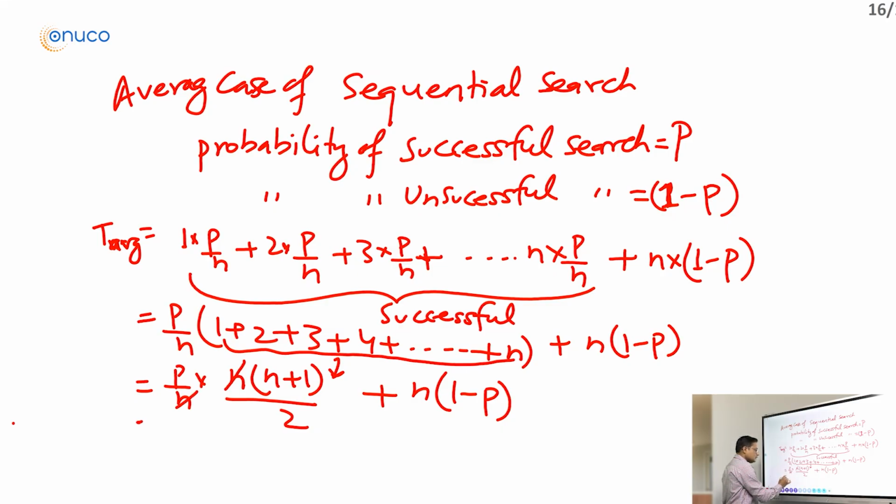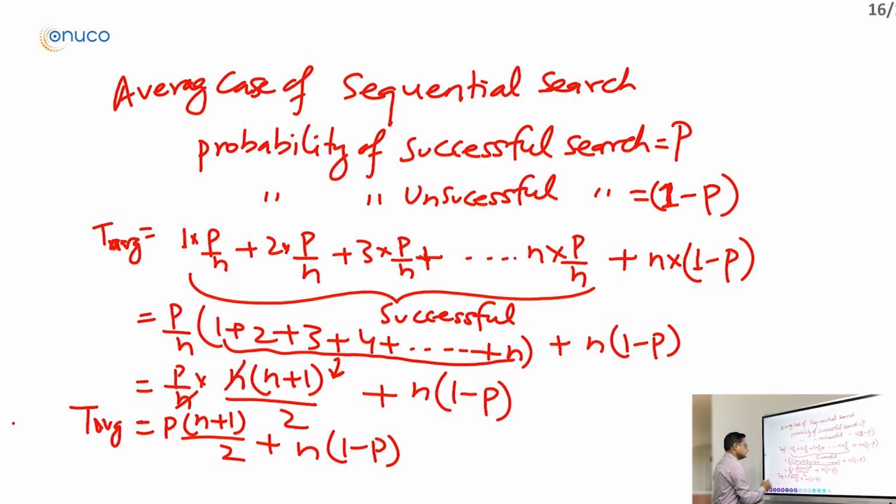In that case, we are getting p into n plus 1 divided by 2 plus n into 1 minus p. This is the average of sequential search.